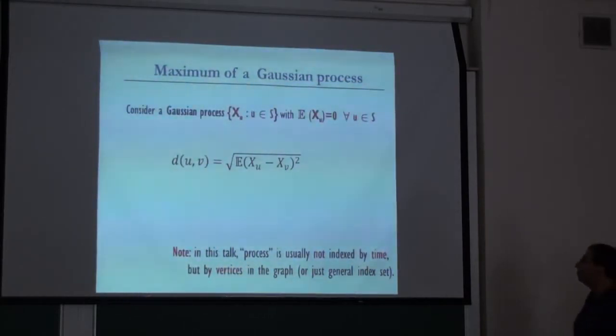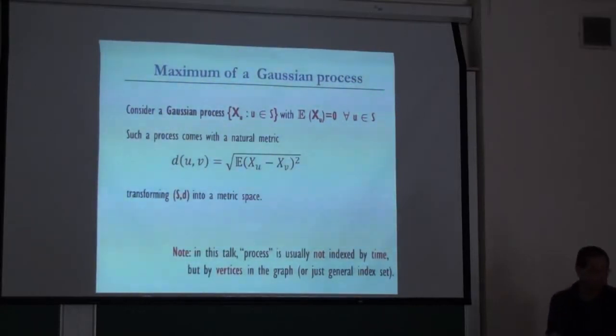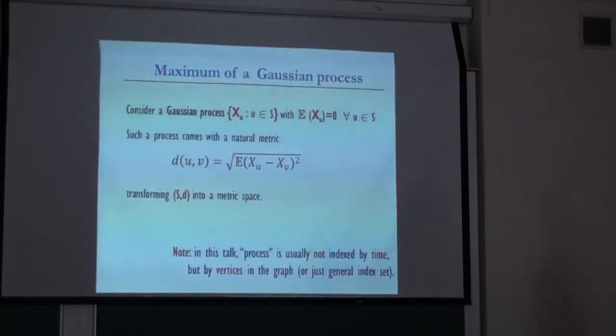So consider any Gaussian process. It comes with, as I said, a natural metric, which is just the L2 metric between the Gaussian variables.